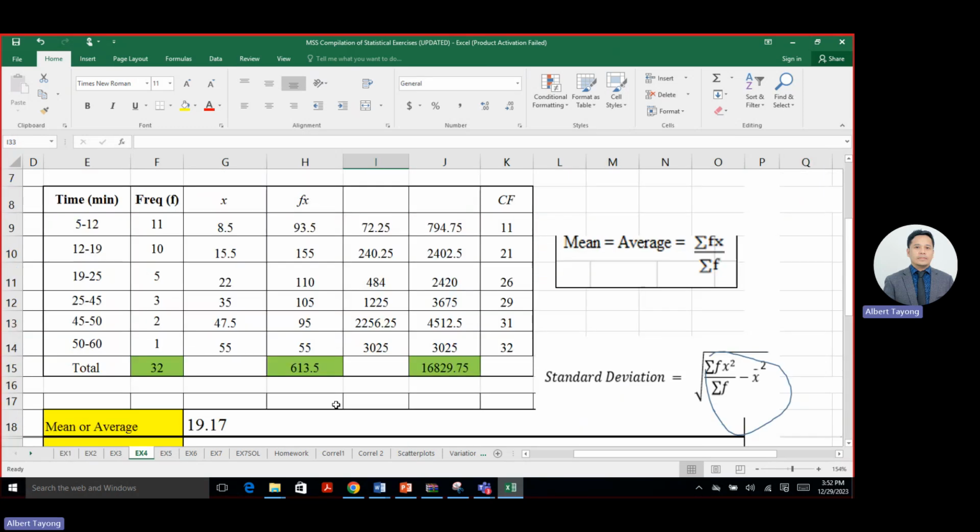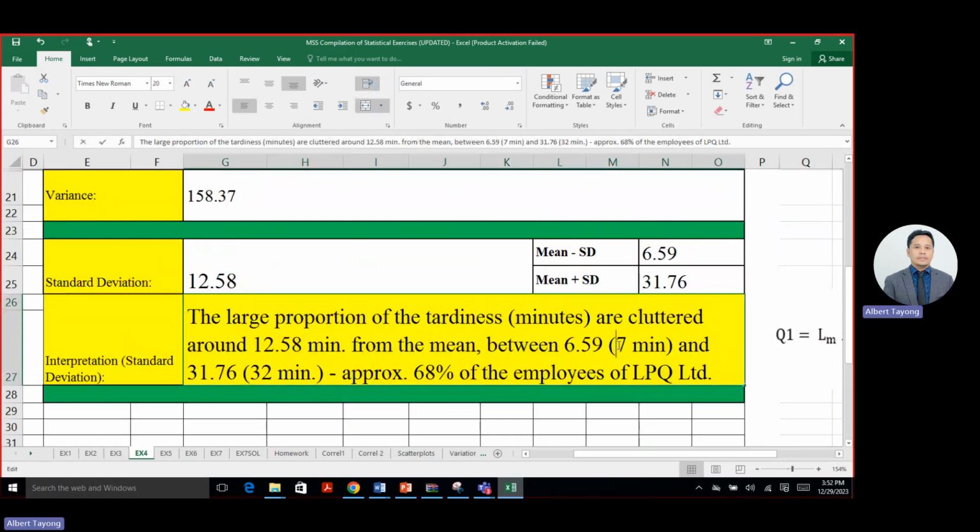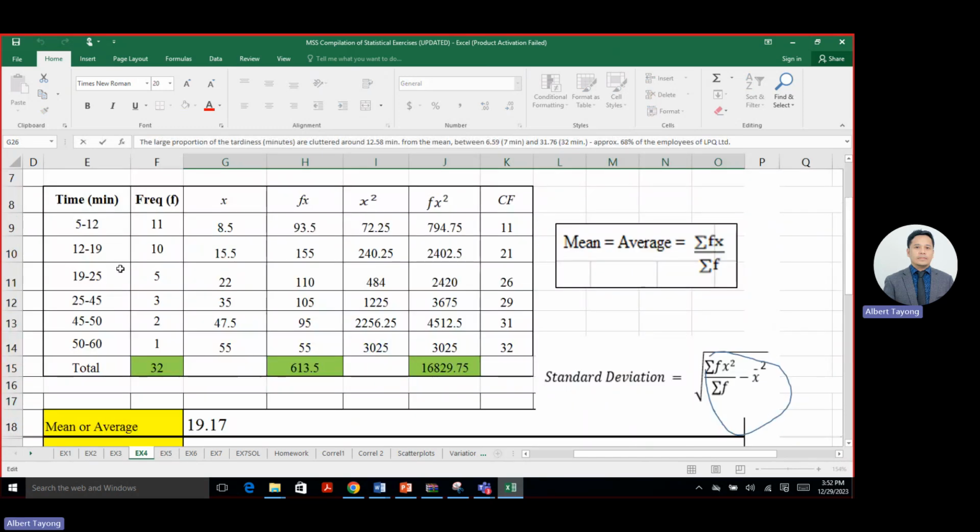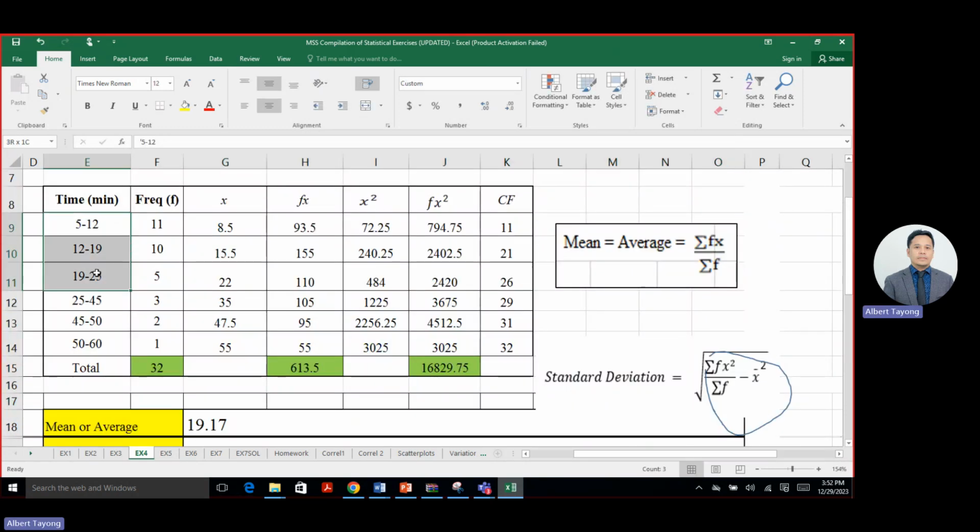Okay, so we can see from 7 minutes to 32, 7 minutes is here until here. We don't know exactly where because we have intervals. 7 minutes is here, 5 to 12, until here, 25 to 45. Right? So yes, it's true. We have 11, 10, 5, and 3 here.